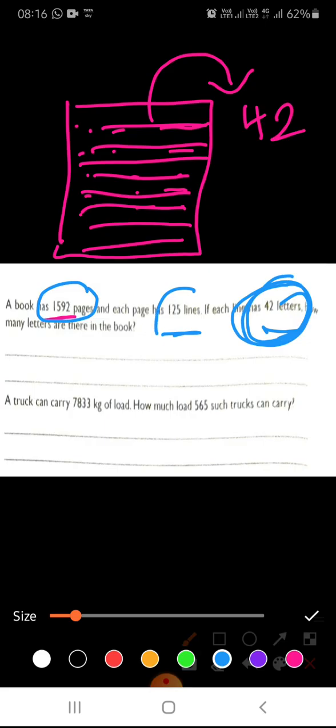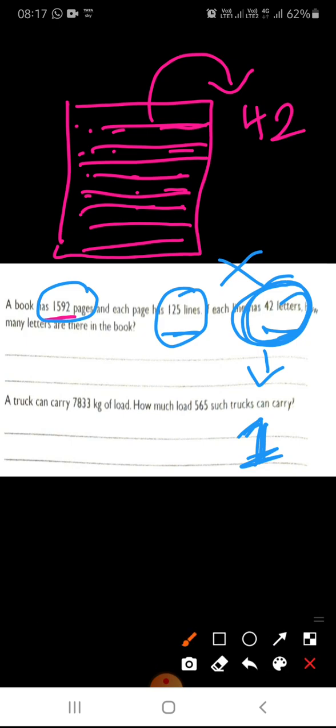So in 125 lines how many letters will be there? Same case, the quantity of one line is given, 42 letters. So how many letters will 125 lines have? So what will we do? We will multiply these.